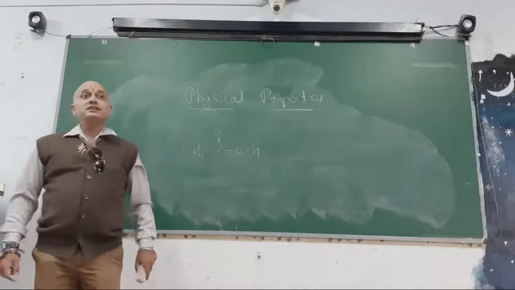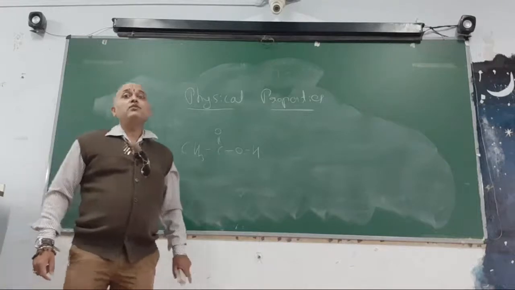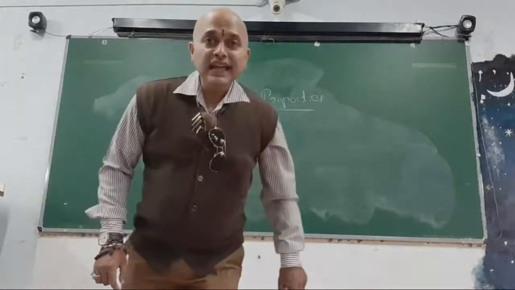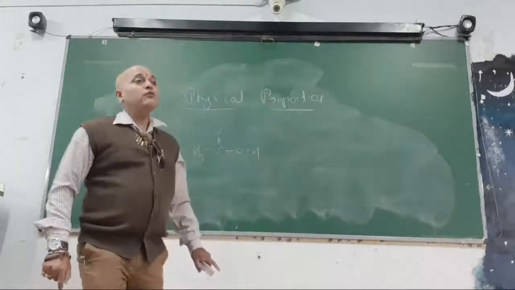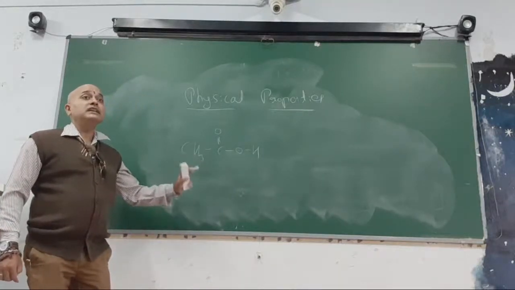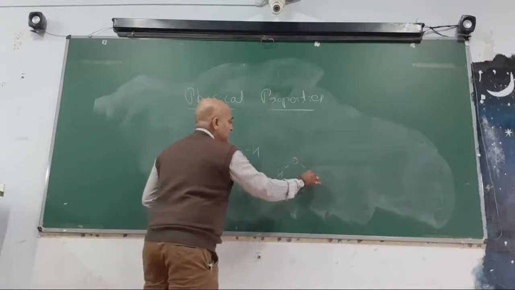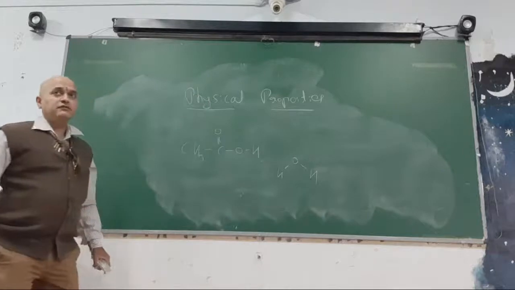When I am talking about acetic acid, it can also make hydrogen bonds with water. That's where acetic acid is soluble in water, because of that ability to make hydrogen bonds with the water molecule.